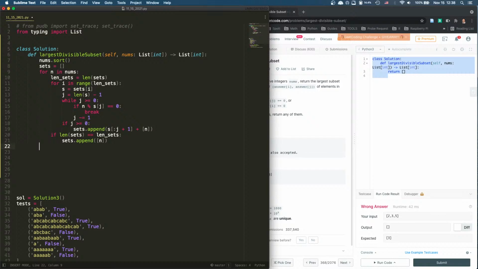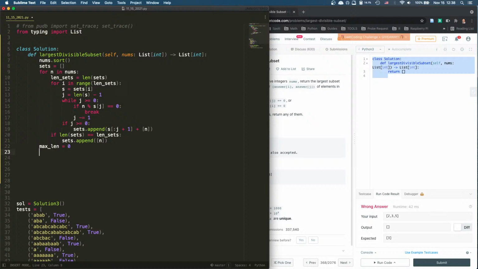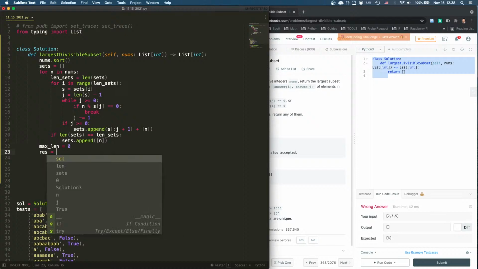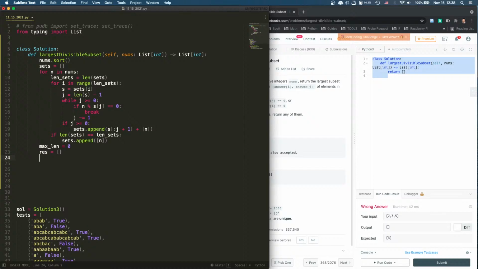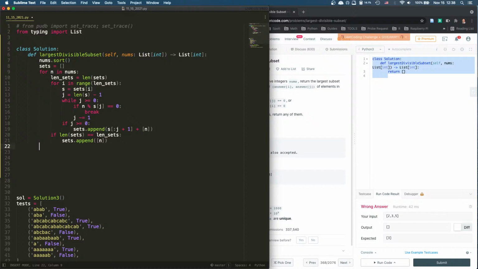Once we're done, we just go through sets and return the one with the largest length. So we say max length equals 0, and res equals something. Then for s in sets, if len(s)... Oh, that's stupid. I think we can just, oh, that will be O(n log n).